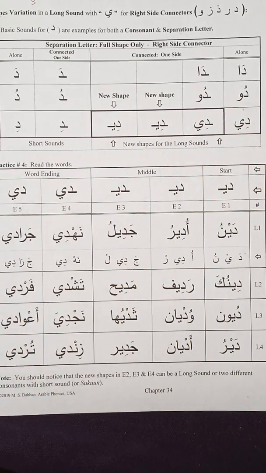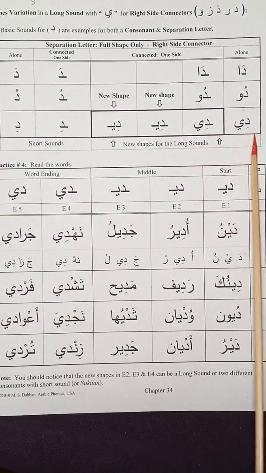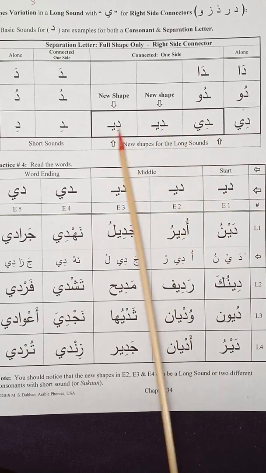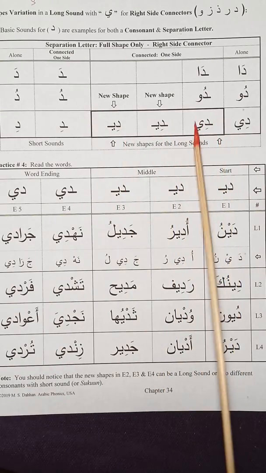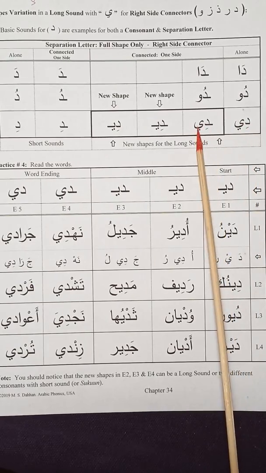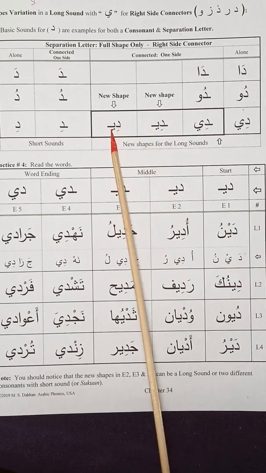All right. Example, the best one. Let's do the example. What are we talking about? What's all this talk about? All I'm saying is that this D as a long sound could be seen like that in an Arabic word, because this letter connects from the right side, but the ya can connect from the left side also.